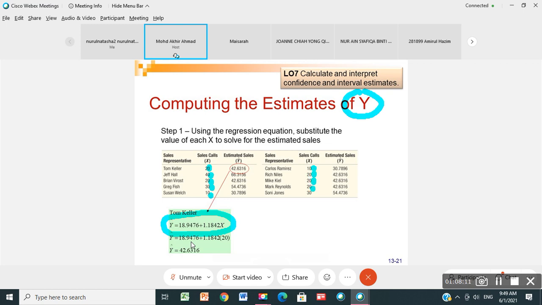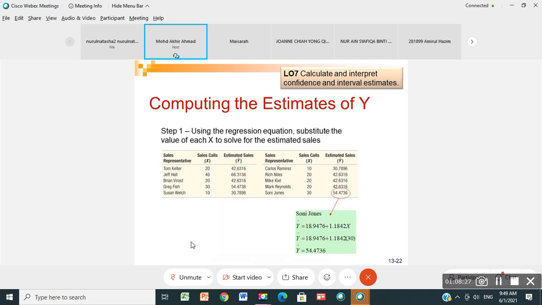Then we get the y values here. That means we have the y model fit, model regression. From this model regression, we try to develop the line.